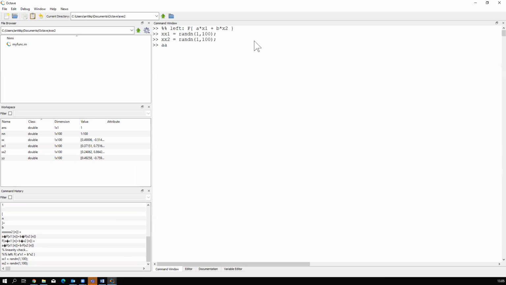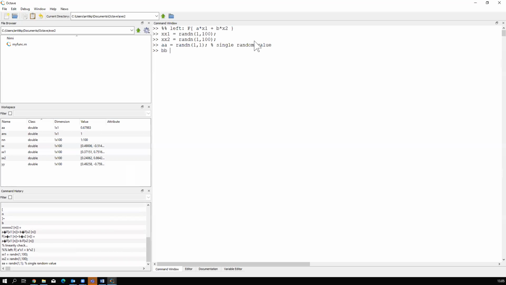Then I need a couple of coefficients, or cascading values. Okay, just one random number, and BB is a random number.